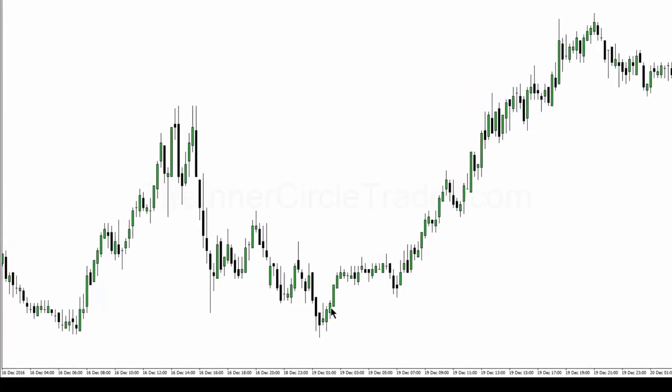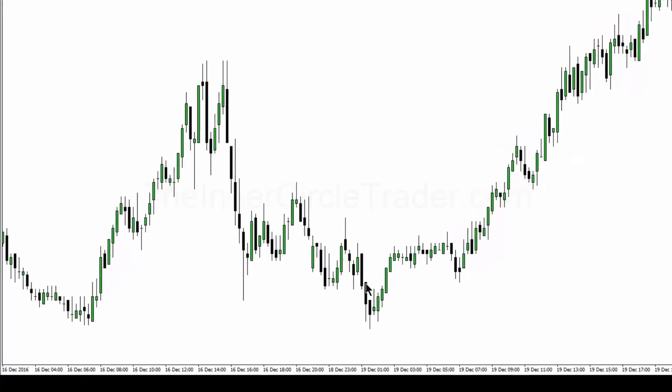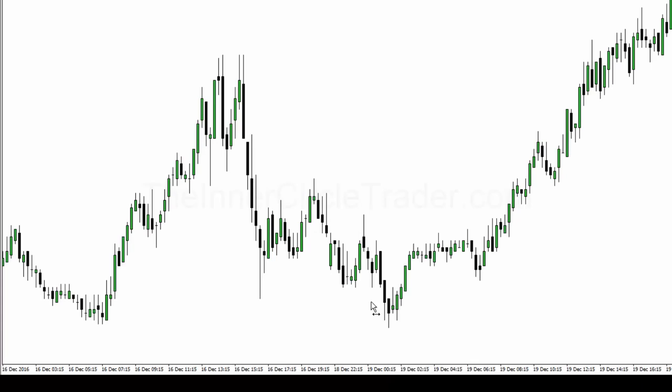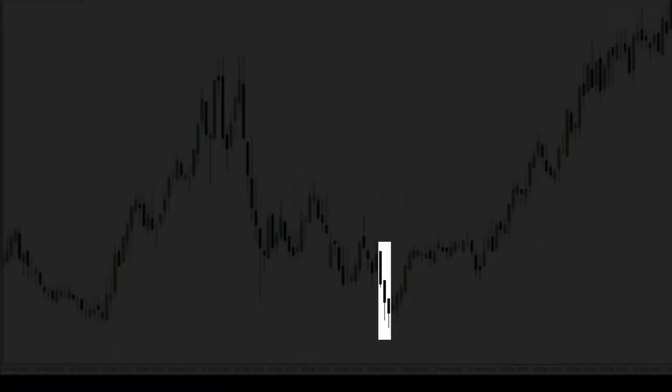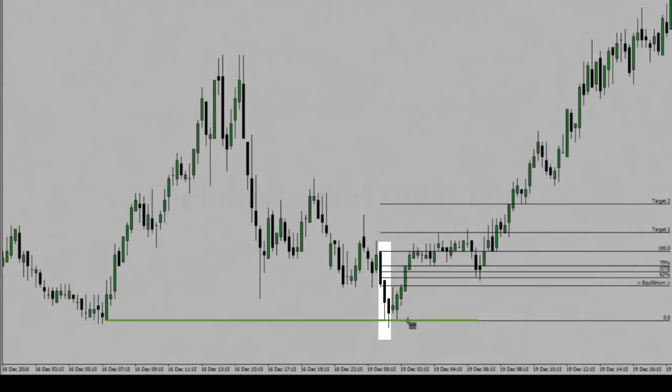You can see price has moved from a low here, and we're on the buy side of the curve, and the market has several down candles in here. We would take this as one full bearish candle because it's three consecutive down candles. So the bullish order block is framed like this.